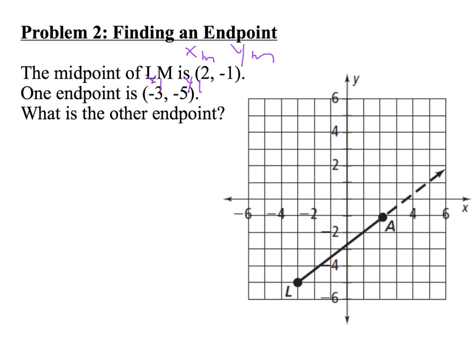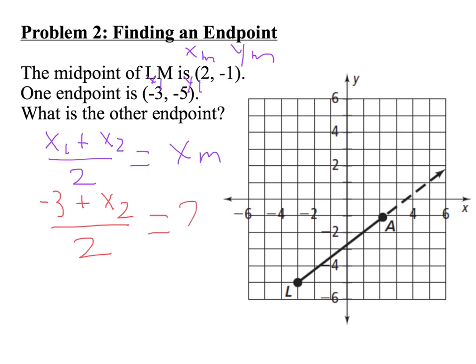So my two separate equations will be the two different x's and y's. In my equation, we have x1 plus x2 divided by 2 is equal to my xm. So if I substitute what I know, I would have -3 plus x2, I'm not sure what that x is yet, divided by 2 is equal to 2.